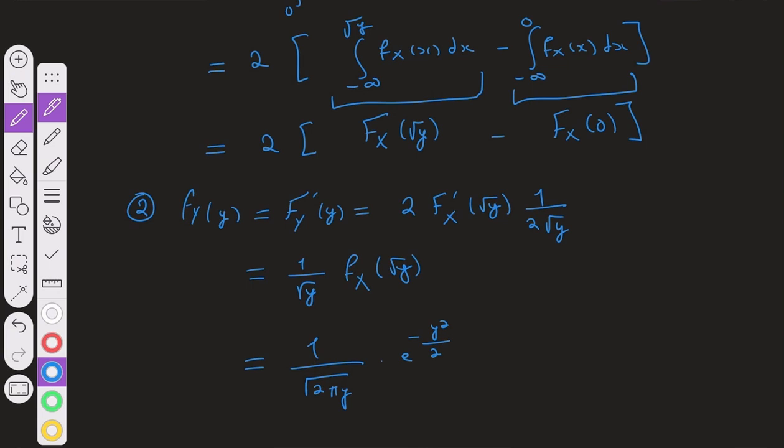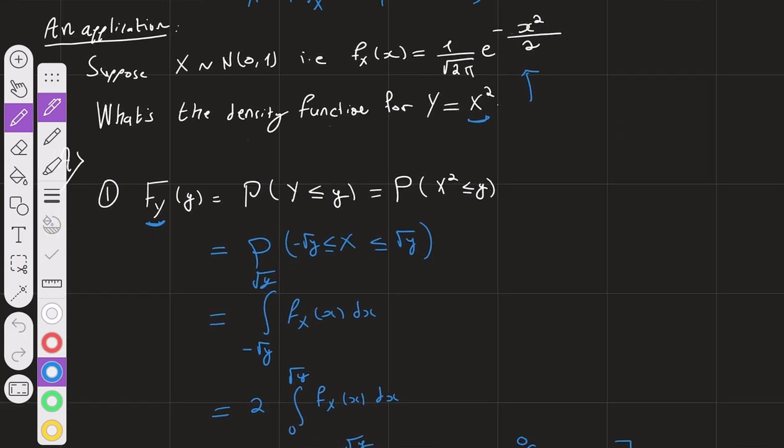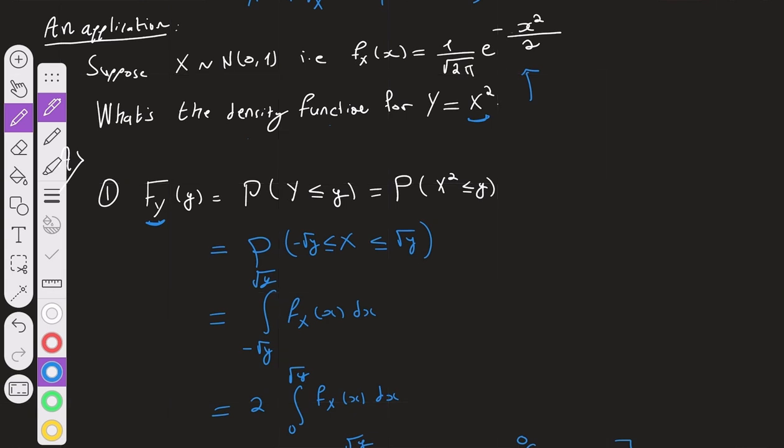But we need to be a little bit more careful here, because observe that we just literally took square root of y. So this is all valid for y bigger than or equal to 0. Actually, let us just do it this way. This is all valid for y strictly bigger than 0.